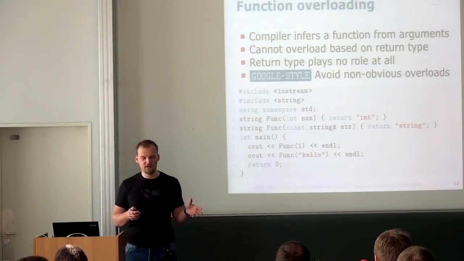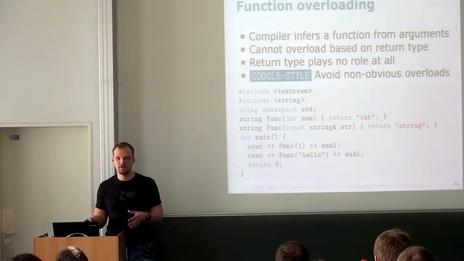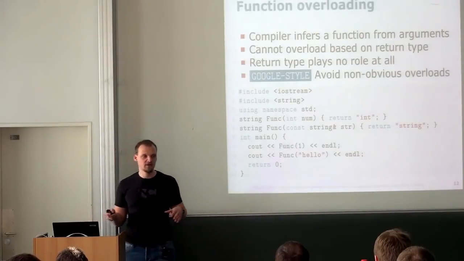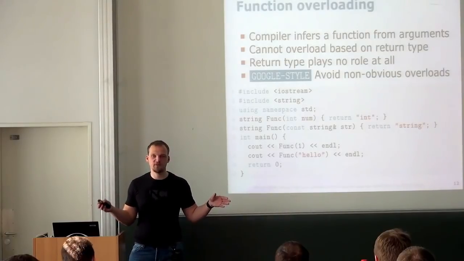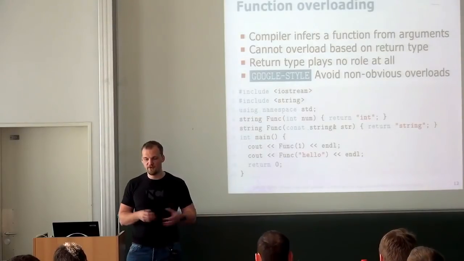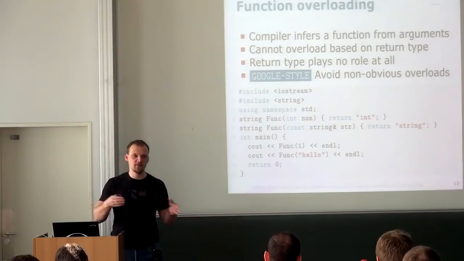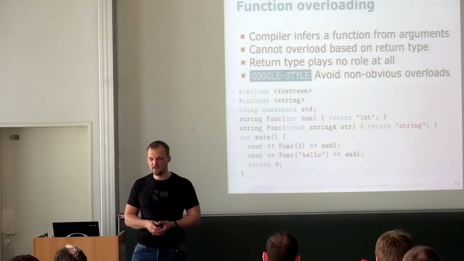The important thing to remember is that the return type plays no role at all. So you cannot overload functions based on return type. You cannot have two functions that take an integer but return different types, because the compiler does not infer which function you are trying to use by the type that it should get as an output.